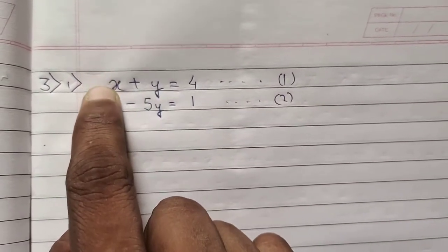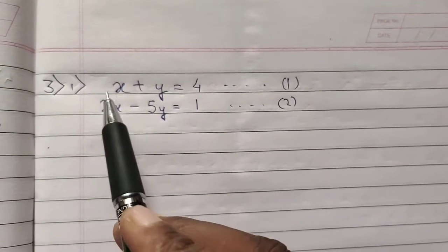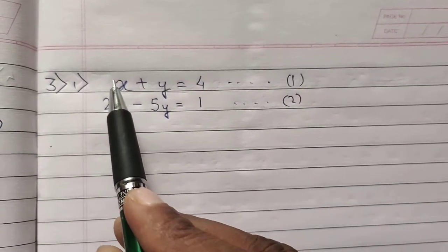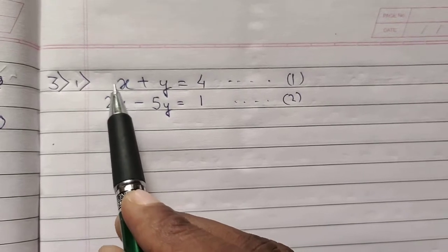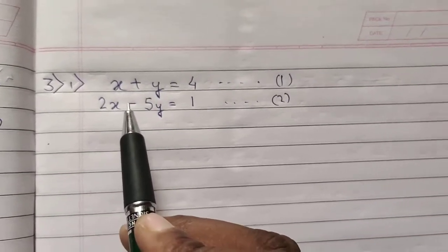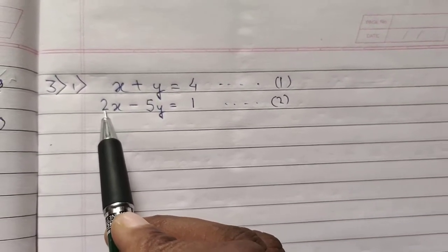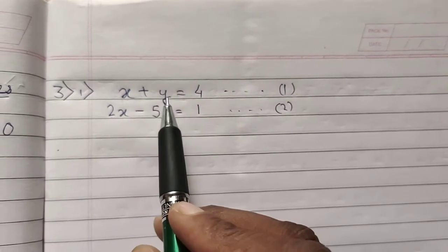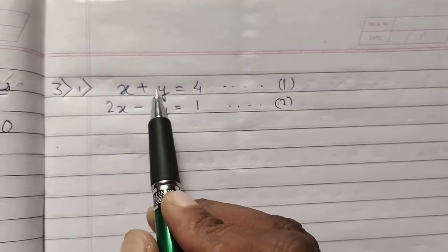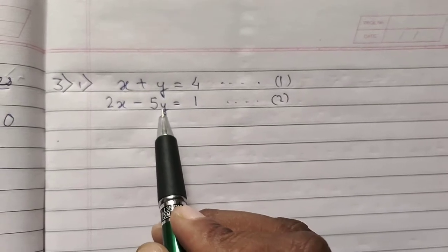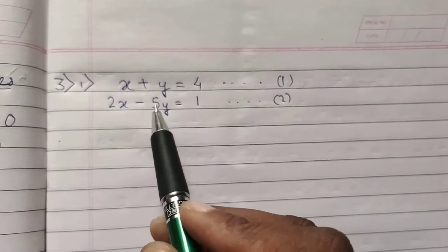Here coefficient of x is 1. Okay, in this equation coefficient of x is nothing is there, so that means 1 is there because 1x you know, and here you are having x coefficient 2. Similarly for y, here coefficient of y is 1 and here coefficient of y is minus 5.